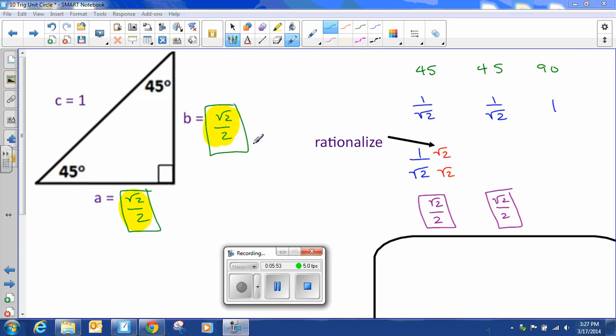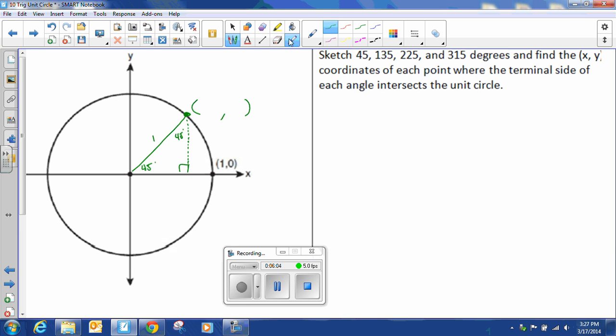Fortunately, we already did the work. We see that with the 45, 45, 90 triangle with a hypotenuse of 1, square root of 2 over 2 are the legs. So if this is square root of 2 over 2, and this is square root of 2 over 2, then the x and the y coordinates are the same, radical 2 over 2.